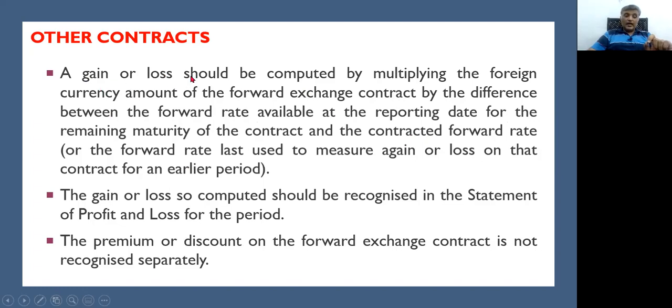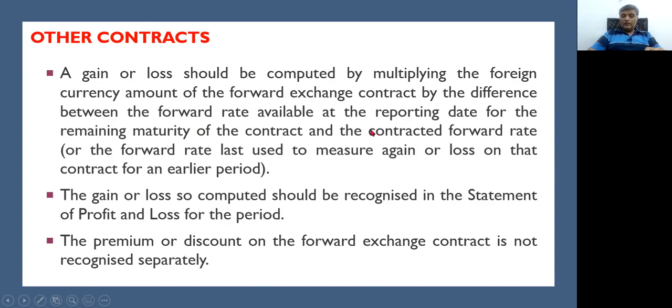They say a gain or loss should be computed. How do we compute? By multiplying the foreign currency amount of the forward exchange contract by the difference between the forward rate available at the reporting date for the remaining maturity of the contract and the contracted forward rate. That is the gain or loss.